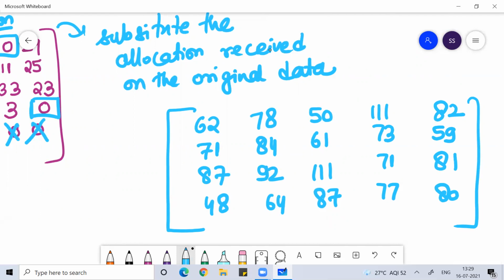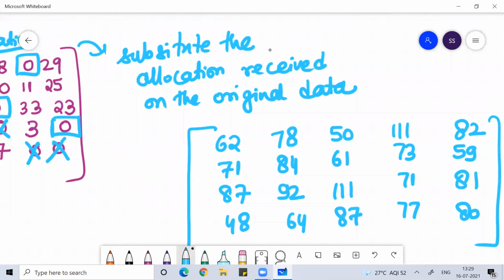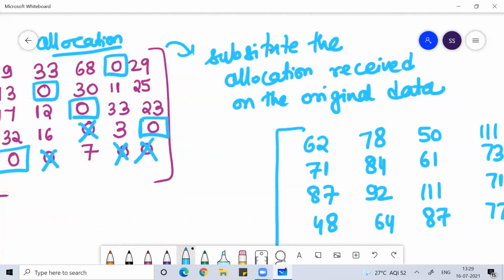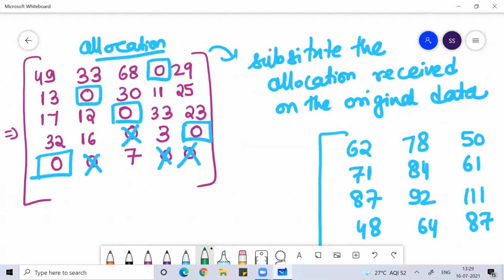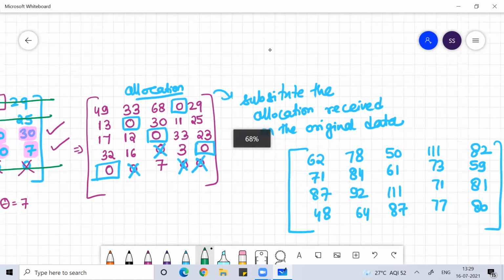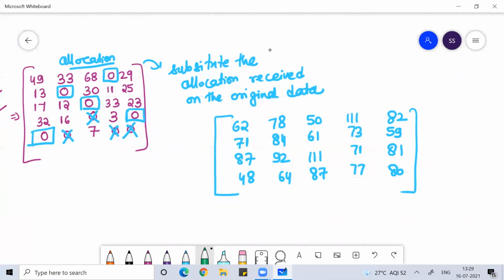So remember, mechanics. If you see the allocation, the allocation is here. Then this is here. Third one here. Fourth one here. Fifth one not.